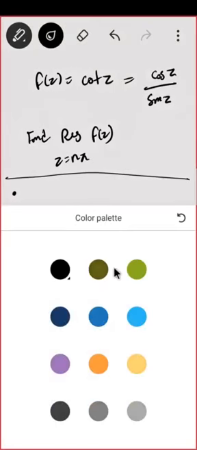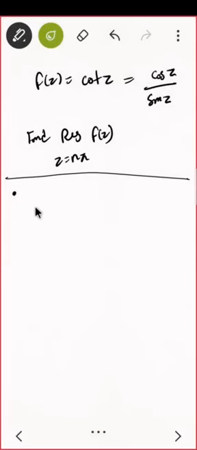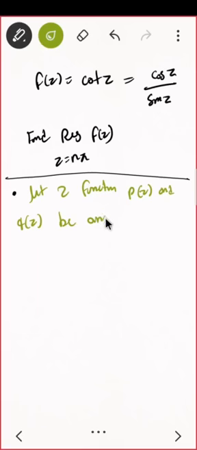So for this type of question also, there is a technique. So let me just write. Let two functions P of z and Q of z be analytic at a point z naught.